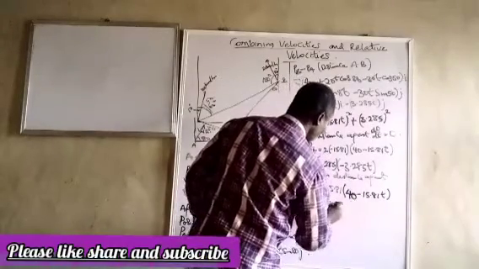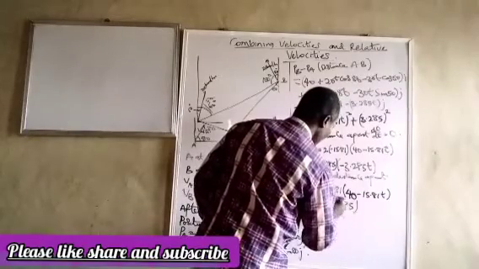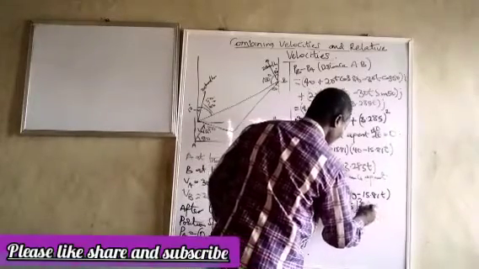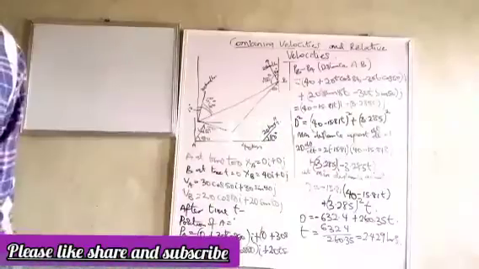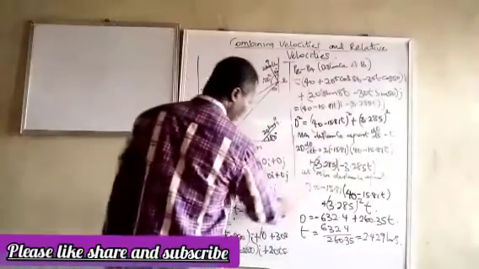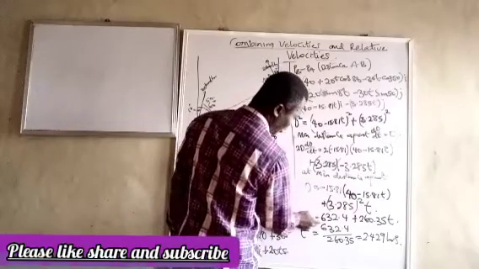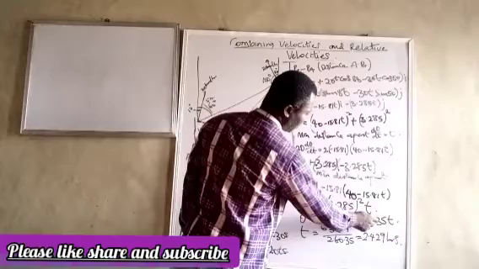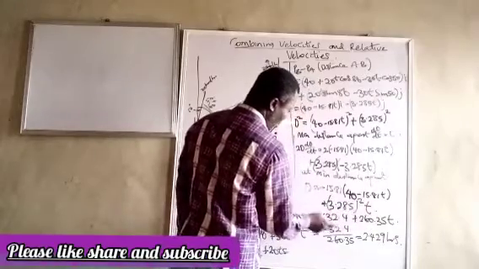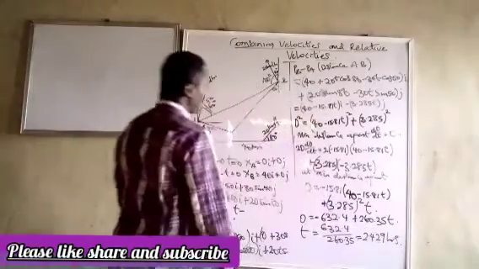So this one is going to give me plus 3.285 squared into t. Now let me get this one out. So you can see, after expanding, I got minus 632.4 plus 260.35t equals 0. So t at the end of the day gave me 2.429 hours.